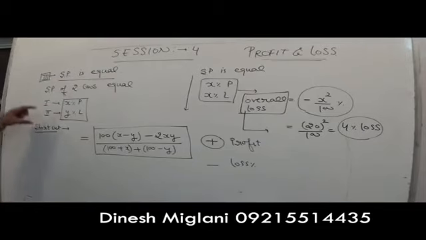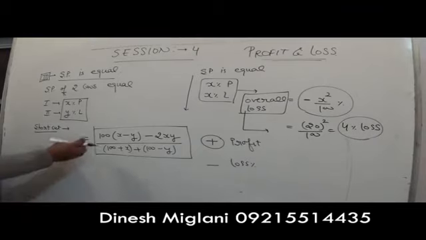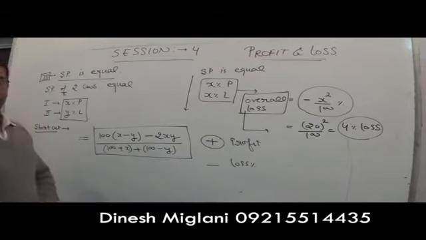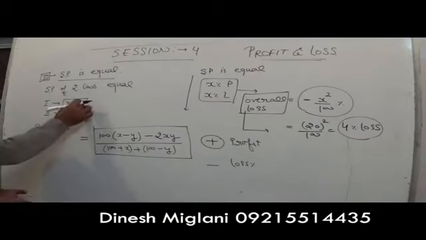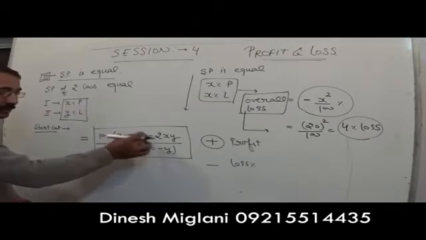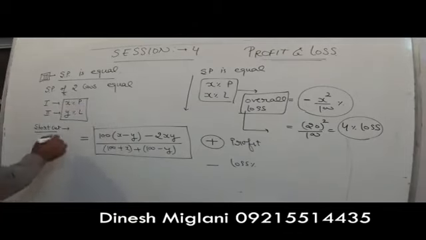But in case there is a difference, meaning the first is sold at a profit of X% and the second is sold at a loss of Y%, and I have to find my overall profit or loss percent, this formula can be used. And if in both cases there is a profit, then the minus sign will be replaced by a positive. Meaning the first cow is sold at a profit of X% and the second is sold at a profit of Y%, and I have to find the overall profit percent.